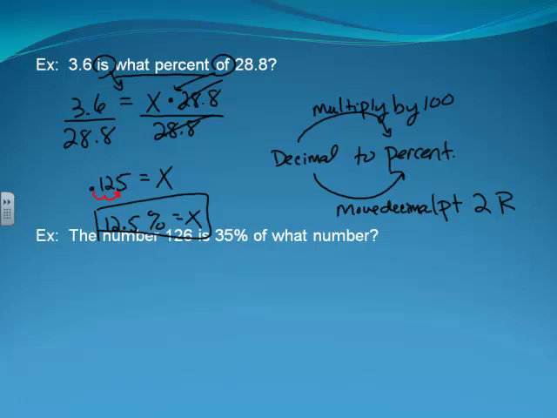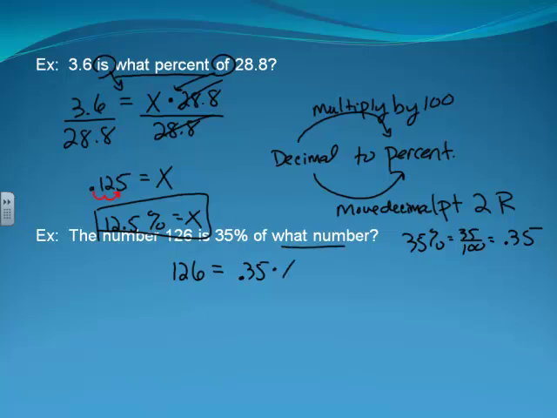All right, in our final problem, the number 126 is 35% of what number? All right, 35% is 35 over 100, or 0.35. So reading left to right, we're taking 126 is, that's equals, 35%, that's 0.35, of is multiplication.